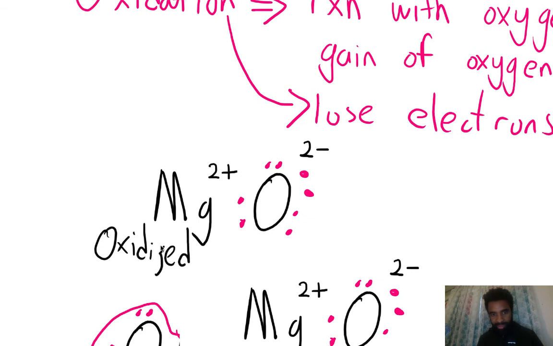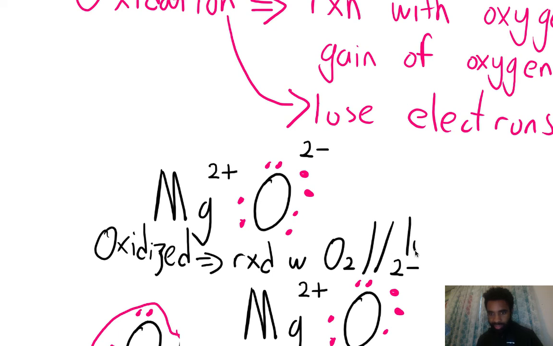Why? Because first of all, it reacted with oxygen, and also it lost its electrons. And again, the chemists want you to understand that in most cases, this is basically the same thing.